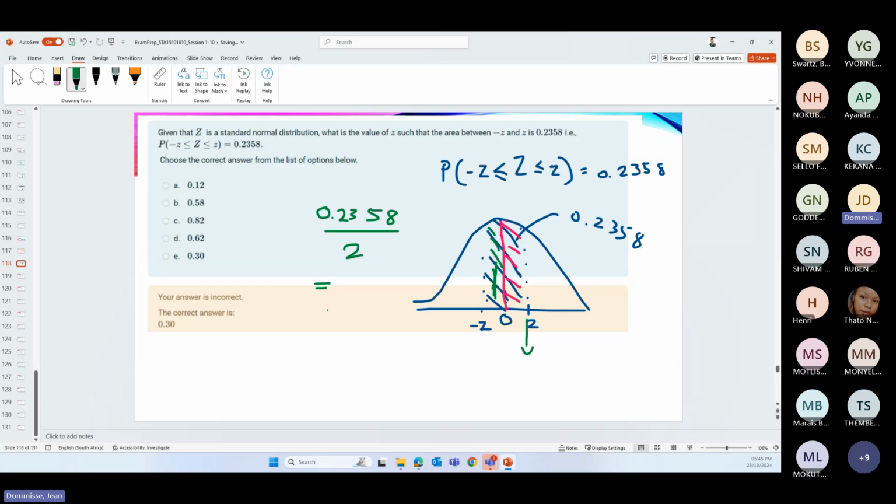So that is 0.2358 divided by 2. So we've got in this area 0.1179, and in this area 0.1179. Okay, so now there's two ways to go about and work it out.